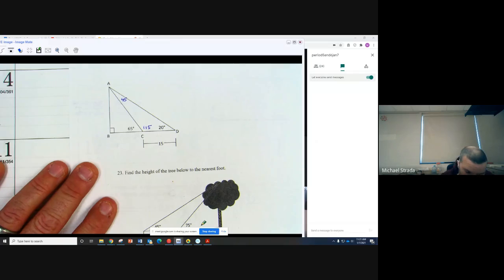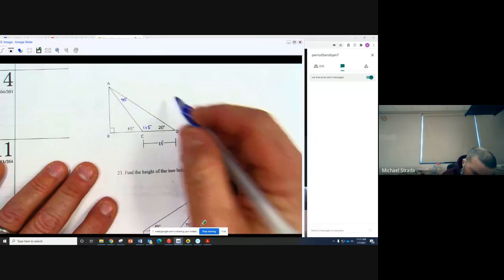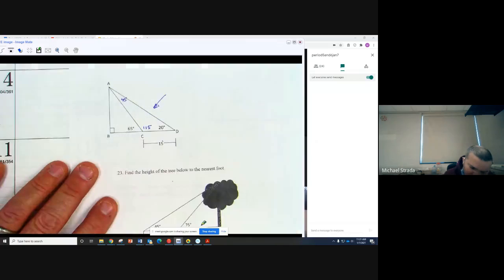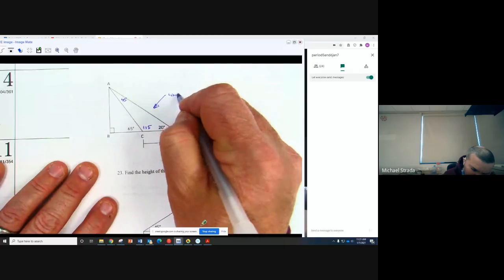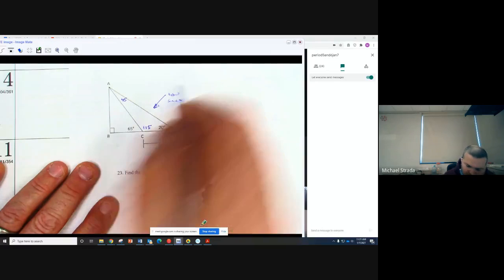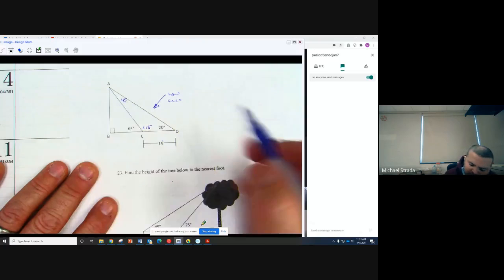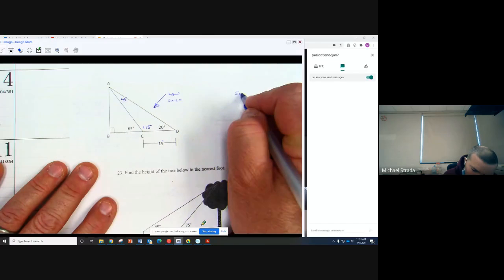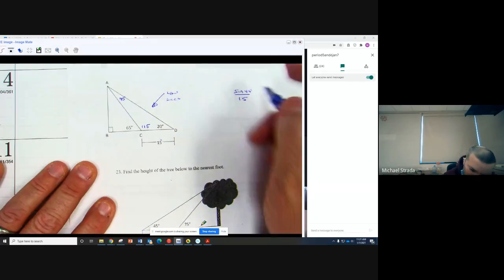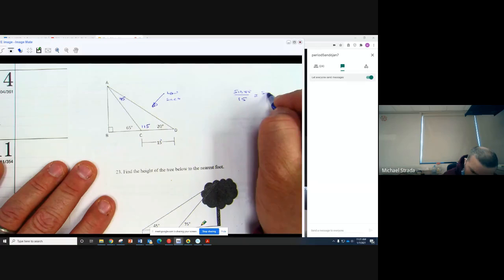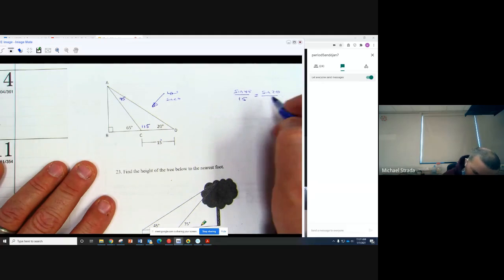I got all three angles in one side. So for this triangle, since it's not a right triangle, I'm going to use law of sines. The 15 is opposite the 45, so I'm going to put that one in the middle. So sine 45 over 15. On one side, I'm going to put one angle, so sine 20 over AC.